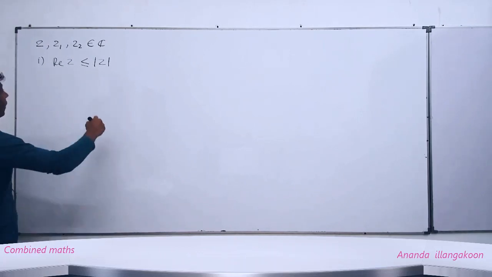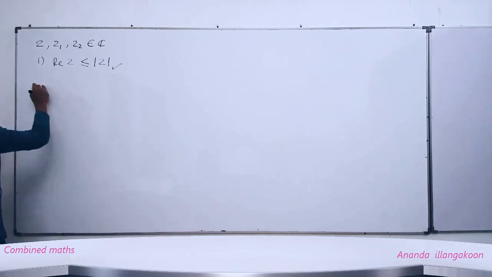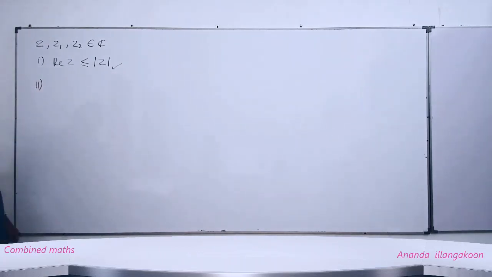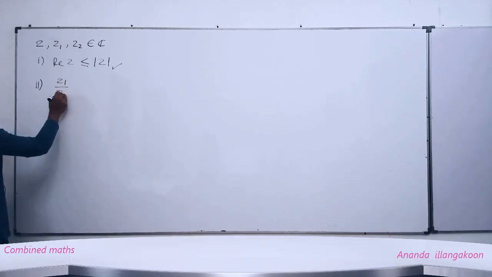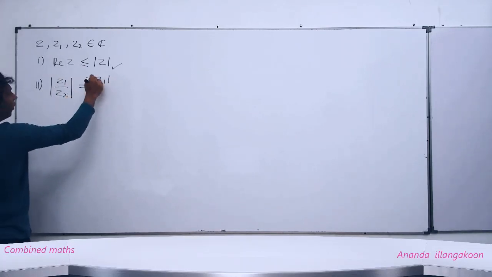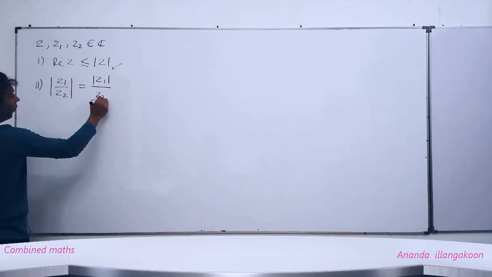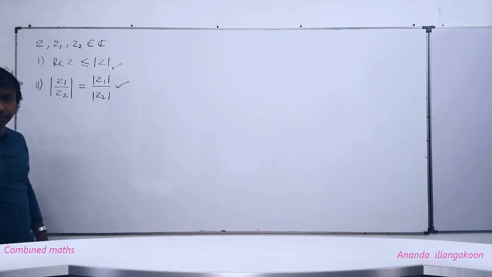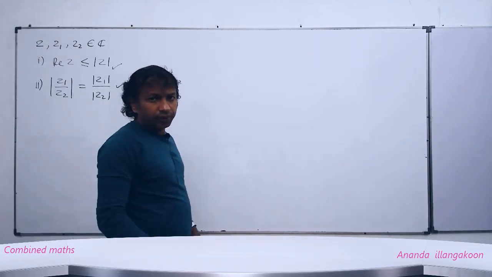This one we did. The second part we have also done: the modulus of Z1 divided by Z2, asking to prove mod Z1 divided by mod Z2. This also we did in the theory, therefore I skipped them.